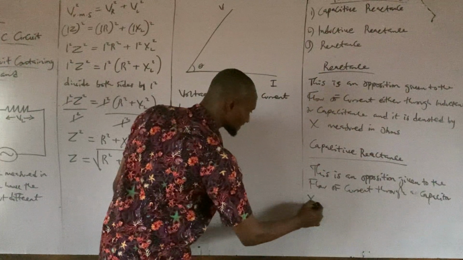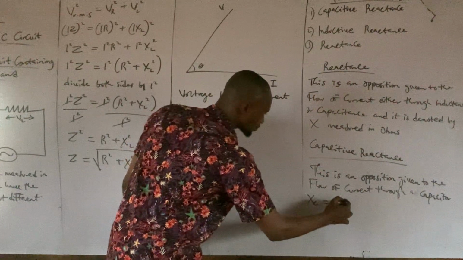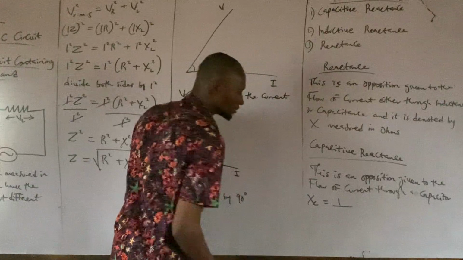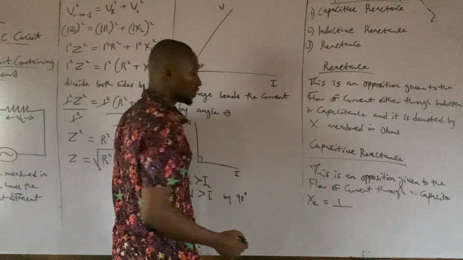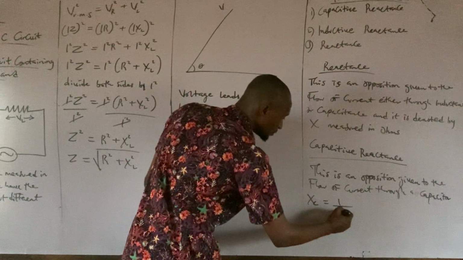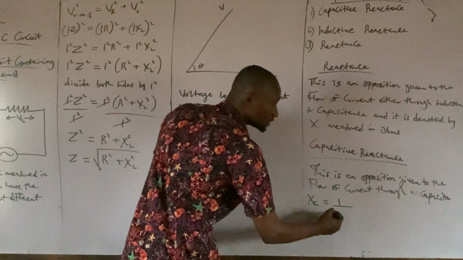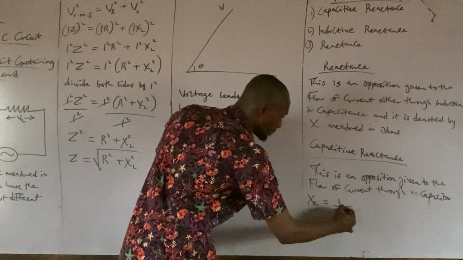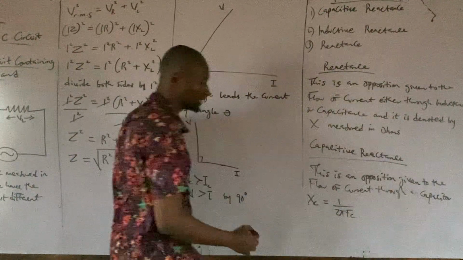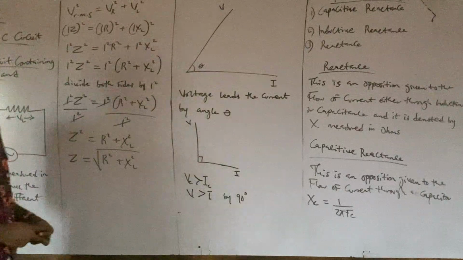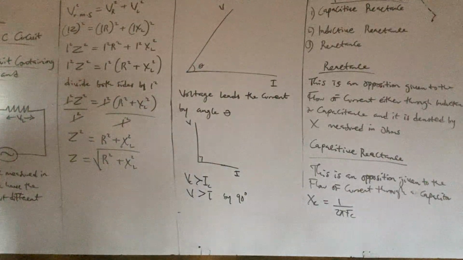So it is Xc, and this is equal to 1 over WC, that is 1 over 2 pi FC. Now, I want to clean this side.